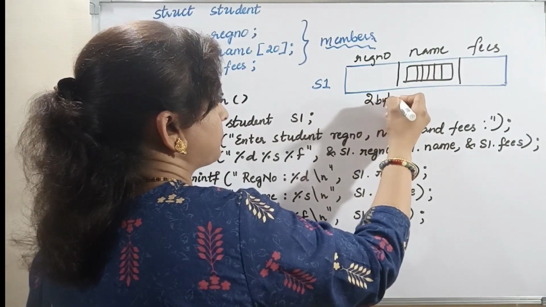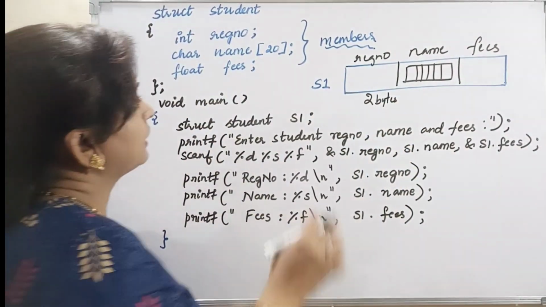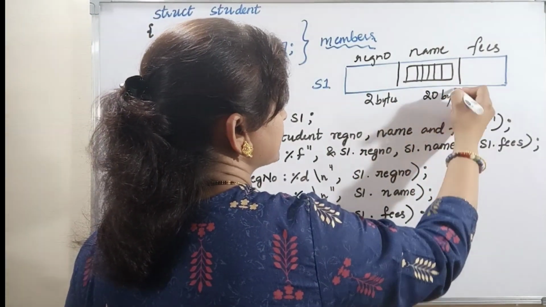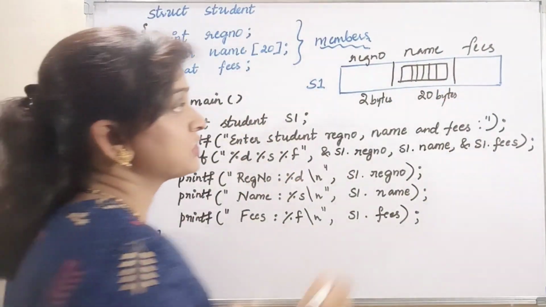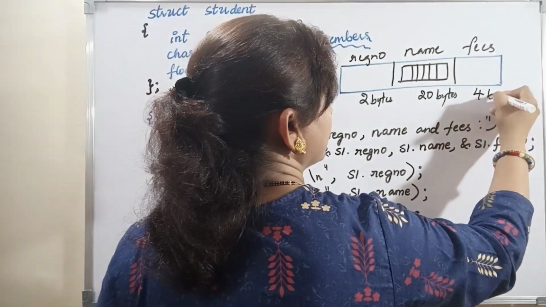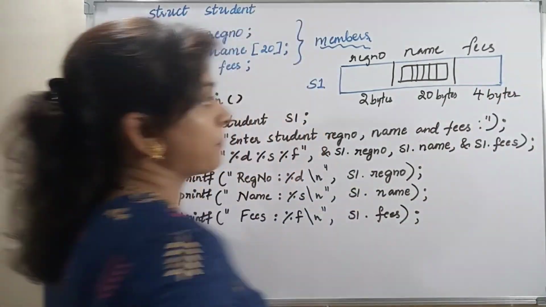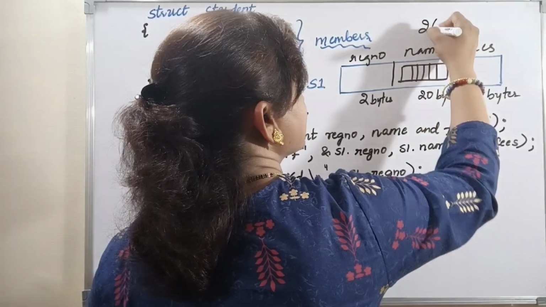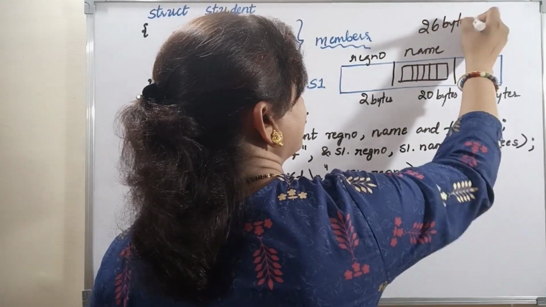I am talking with respect to a 16-bit machine. Then the name is an array that can store 20 characters, 1 byte each, so 20 bytes. We have fees, which is 4 bytes. So totally what is the storage capacity? It is 20 plus 2 plus 4, totally 26 bytes of memory will be allocated for this.